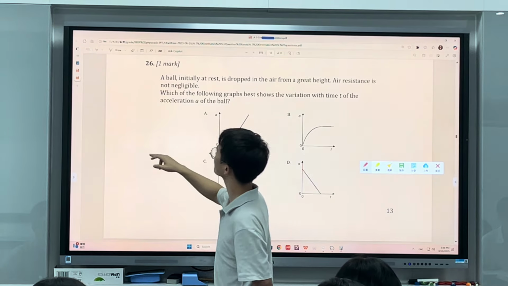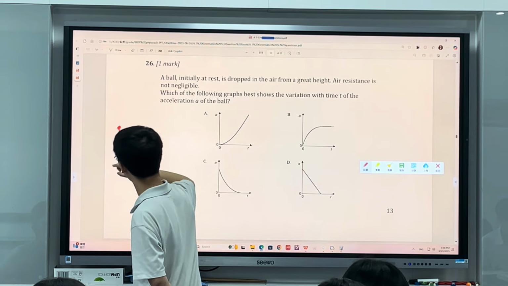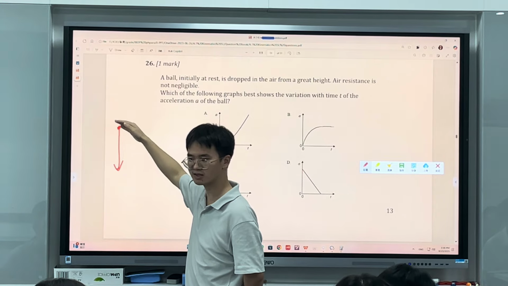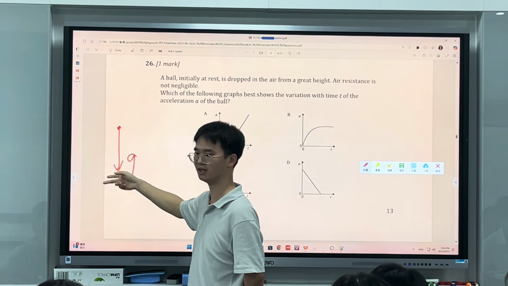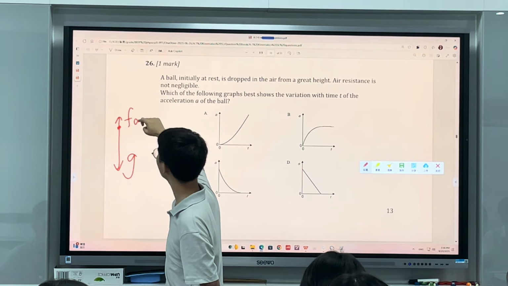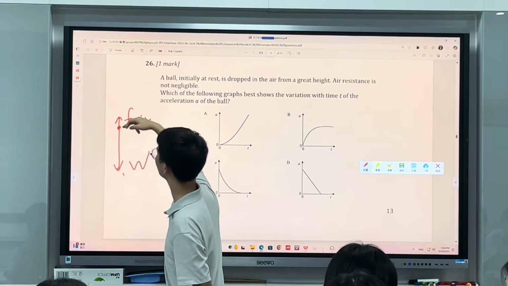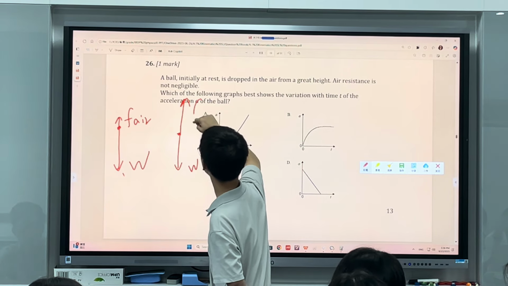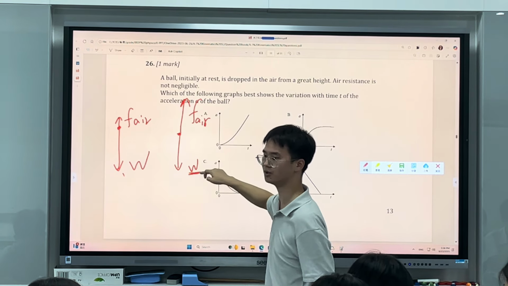So we know that as it falls, initially there's no air resistance. It will fall under gravity. But as it falls faster and faster, F air is going to increase, right? Eventually F air is going to equal W, right?